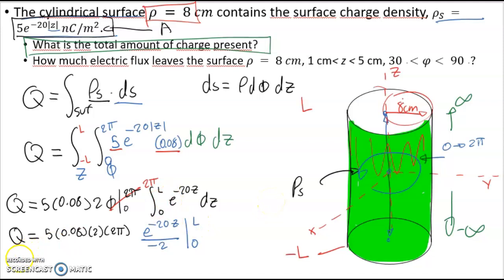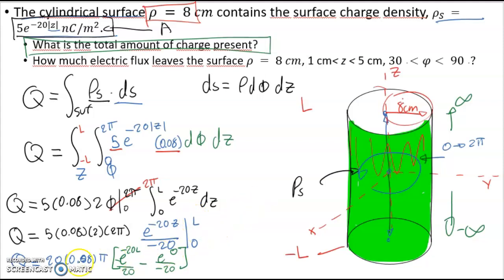That means we will have Q equals 5 times 2 times 2, which is 20, times 0.08 pi, times the evaluation of e to the minus 20L over minus 20, minus e to the 0 over minus 20.